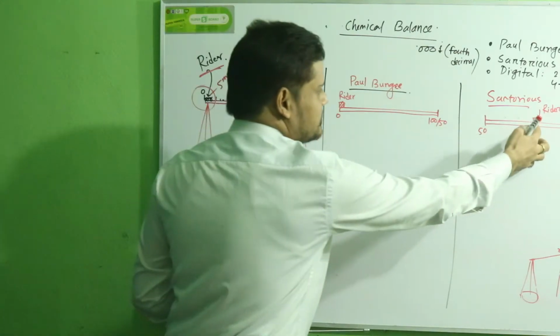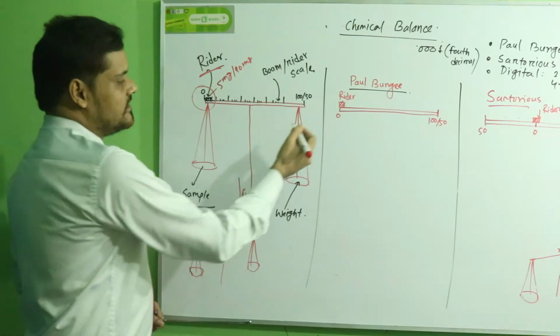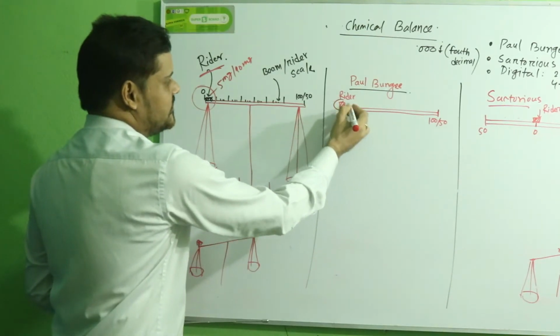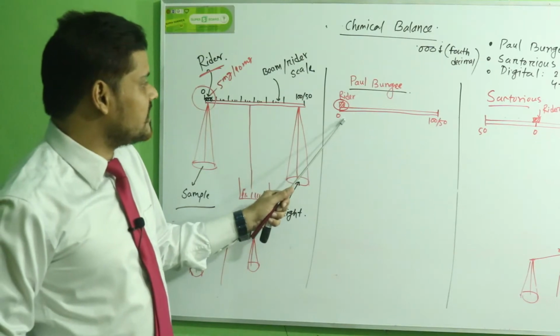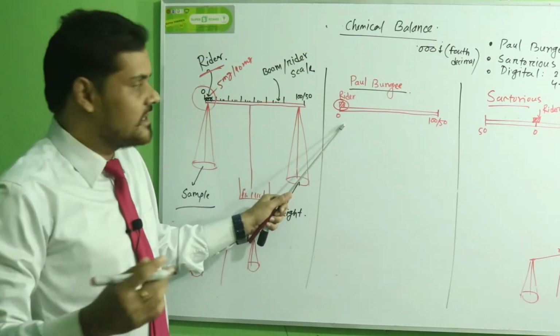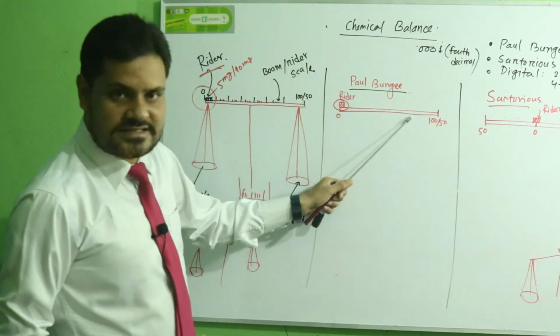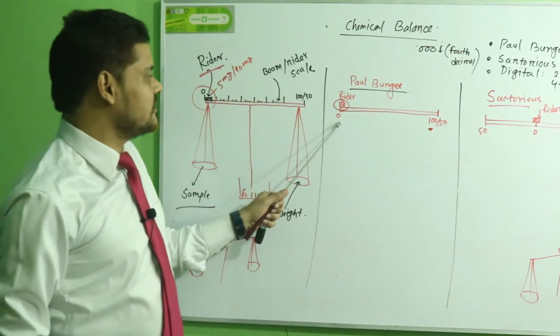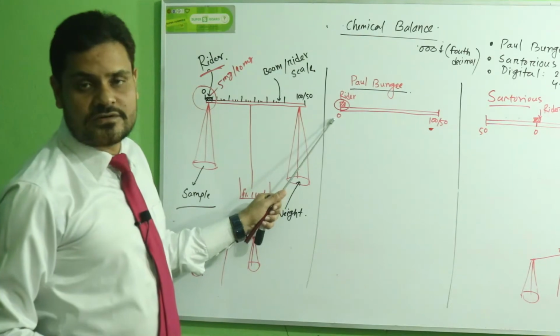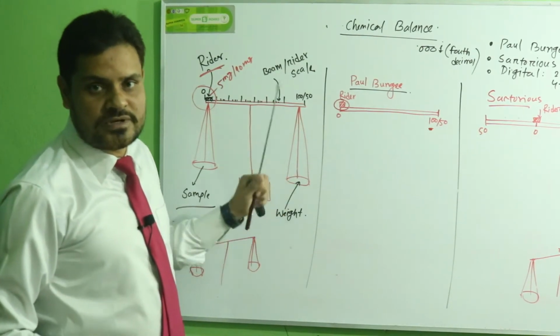In the Paul-Bunge balance, the rider is placed at the left end of the rider scale, because the 0 point is at the left end.